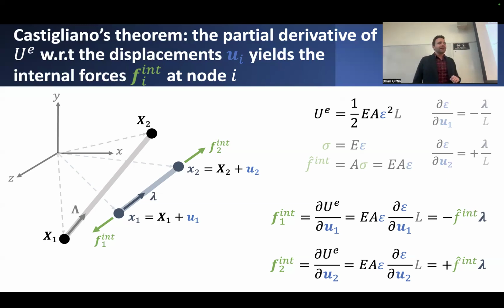To do that, we have to use this deformed axis as the thing that dictates the direction in which those nodal forces act. So in practice, it really doesn't look so different from the way that we defined internal forces in the case of a linear elastic truss element, assuming small deformations. The only difference is this, the axis.